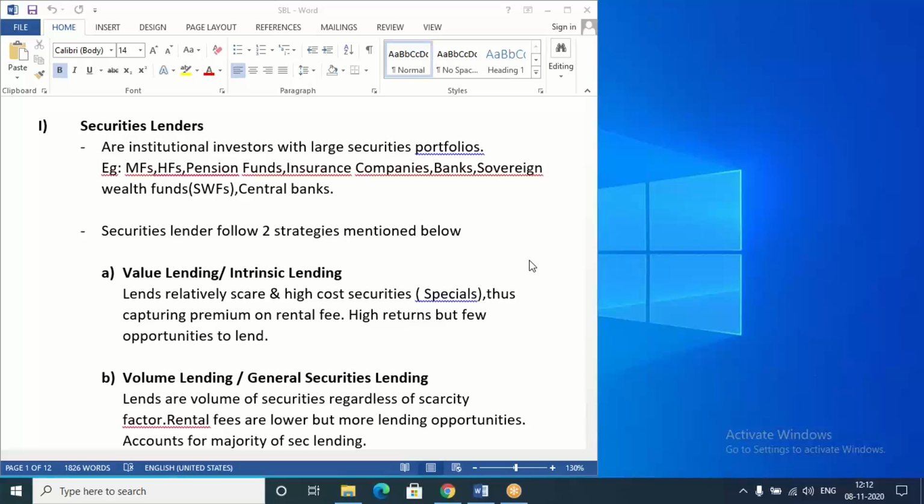Returns are high for the lender in terms of rental fee, but the opportunity to lend might be low.